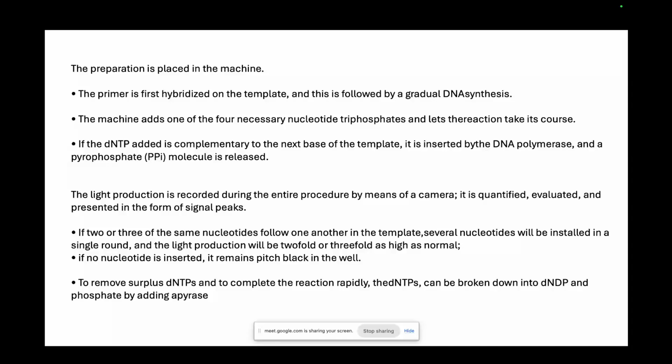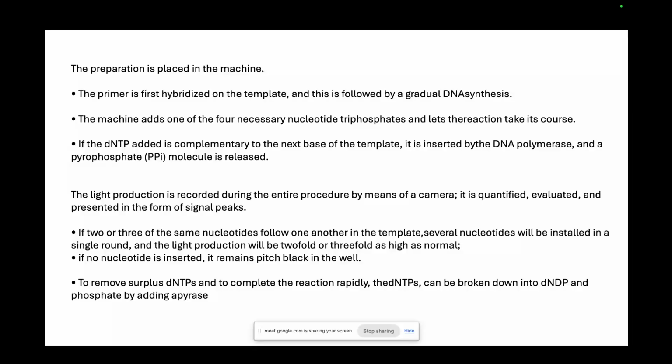I'll just quickly go through the sequencing step again. We have done this previously, but again. The preparation will be placed in the machine. The primer will first be hybridized on the template, followed by gradual DNA synthesis. It will add one of the four necessary nucleotide triphosphates, and with the addition of one dNTP, it will release the pyrophosphate molecule, which we discussed.